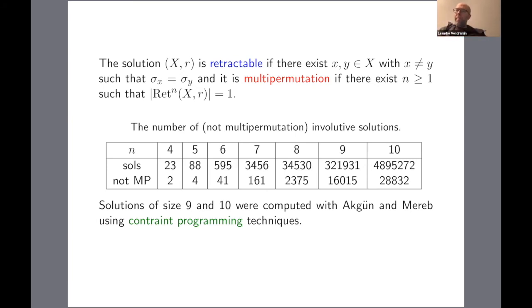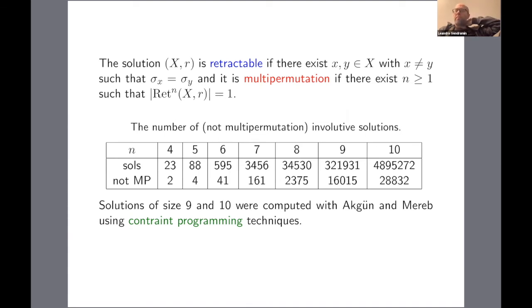And here you see the numbers of involutive solutions, and how many of them are not multi-permutation solutions. For example, in size 4, you have 23 solutions up to isomorphism, and only 2 of them are not multi-permutation. The number of solutions that are not multi-permutation is always quite small.